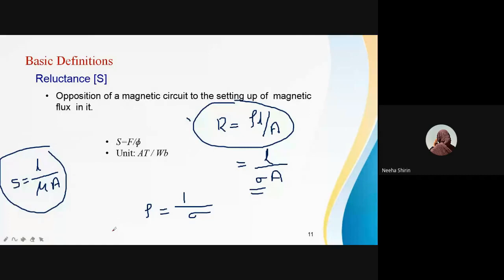B. Now, what is the unit of magnetic flux density? Tesla. Okay, one more unit is there, Weber per meter square. So B is equal to flux divided by area. Unit of flux is Weber, unit of area is meter square, so Weber per meter square.